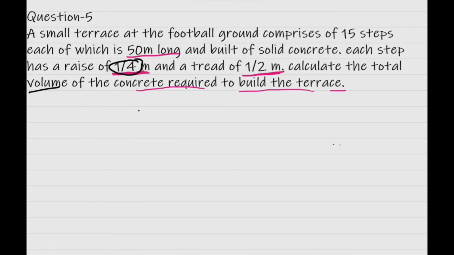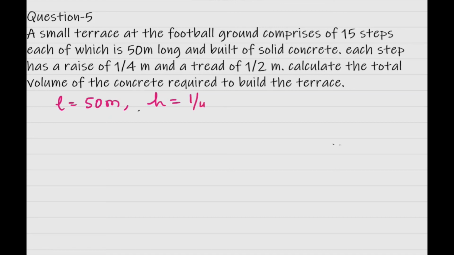Now that you are able to understand all the three things that are most important here, that is length. Length is 50 meter for every step. Height is 1 by 4 meter for every step, and the width is increasing. The first one is 1 by 2, next one is 1, then 1 by 2, then 2, like this the width is going on increasing.